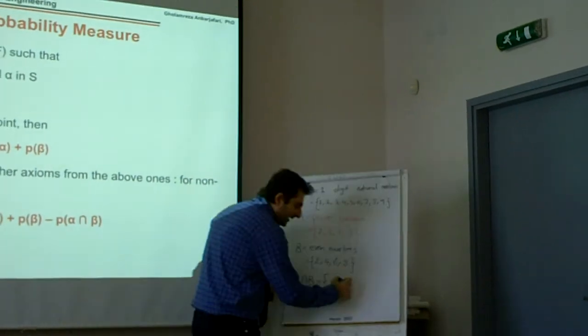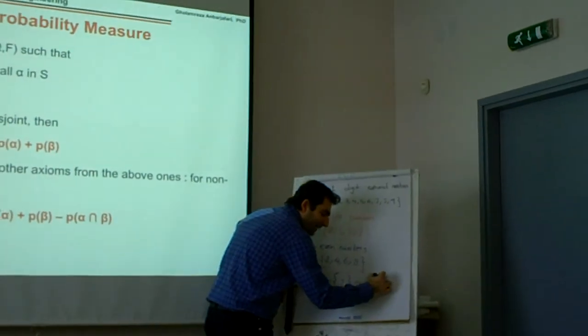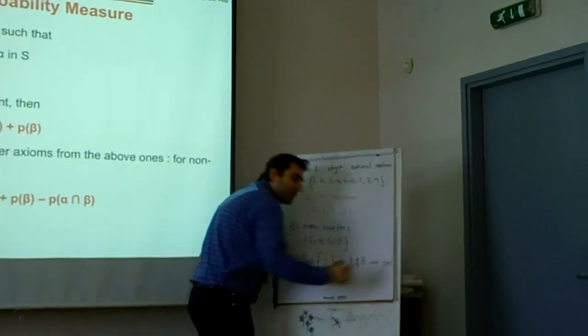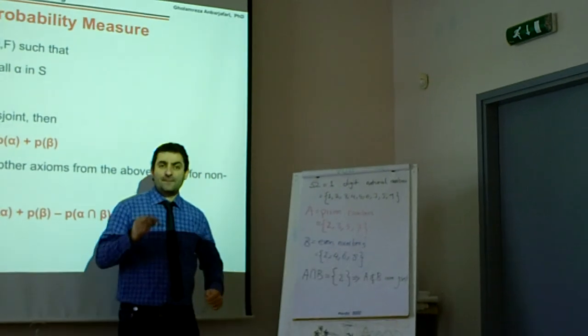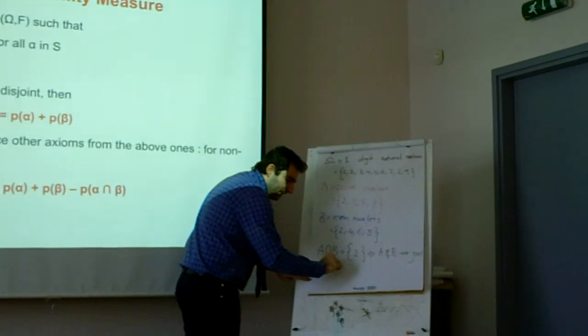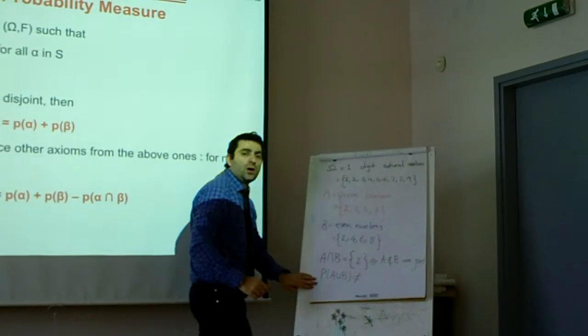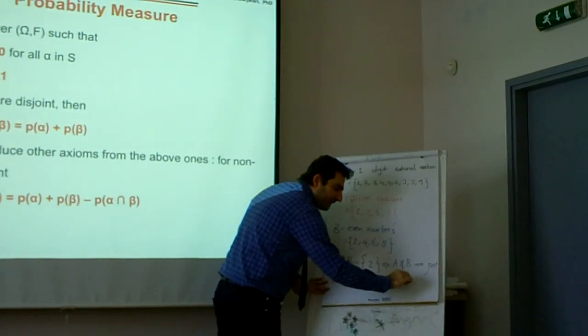So this means A and B are joint, because disjoint means this should be empty. We shouldn't find any element. In other words, probability of A or B is not equal to probability of A plus probability of B.